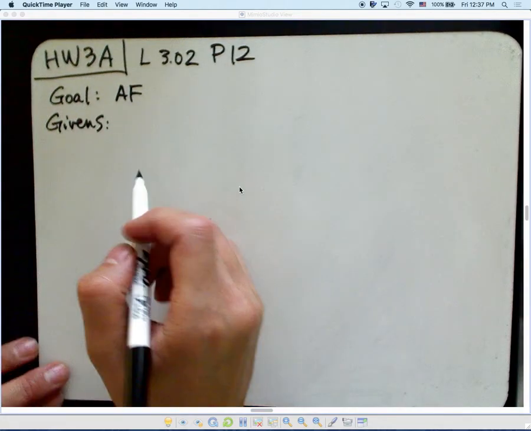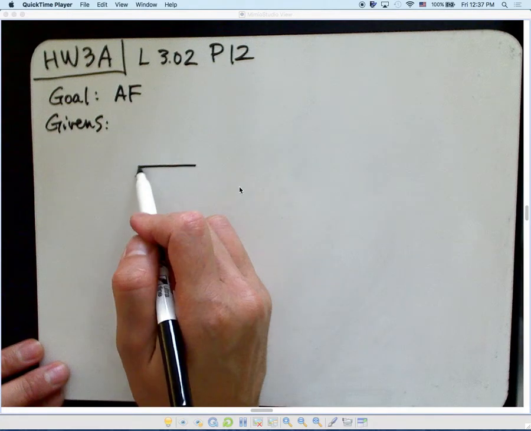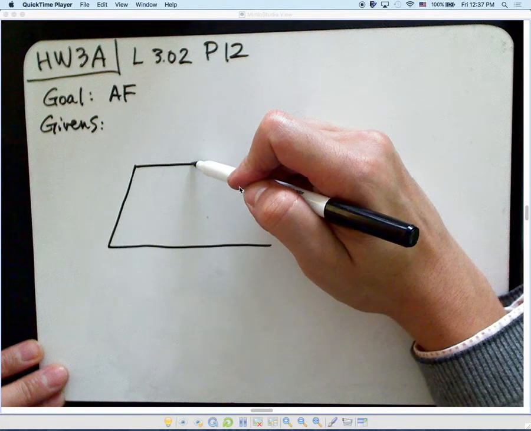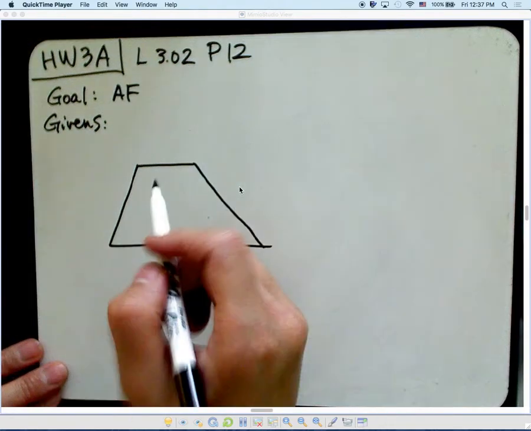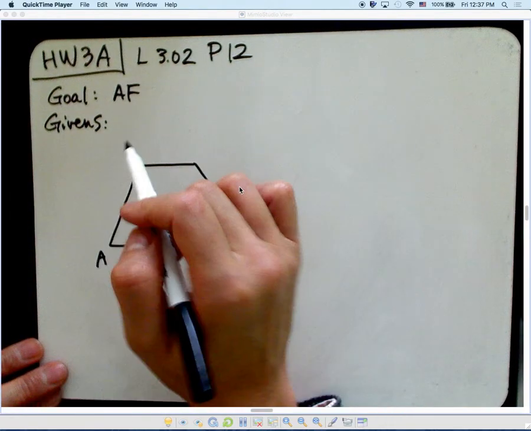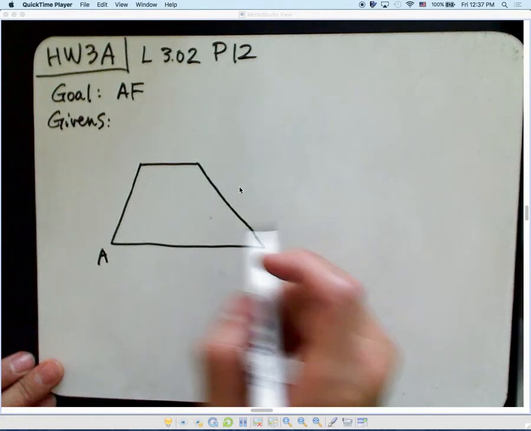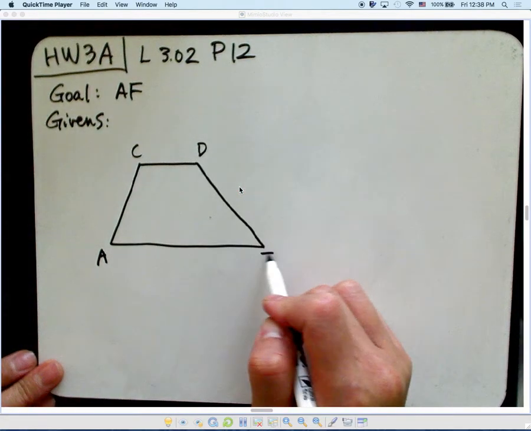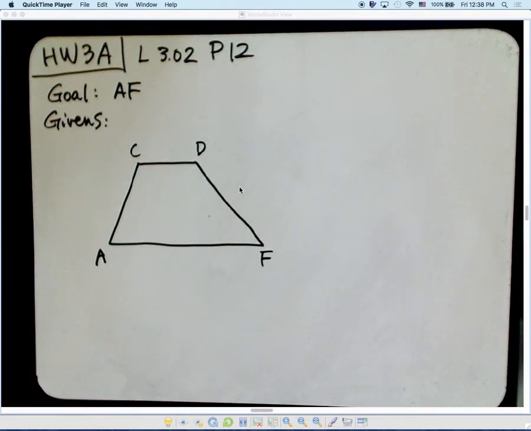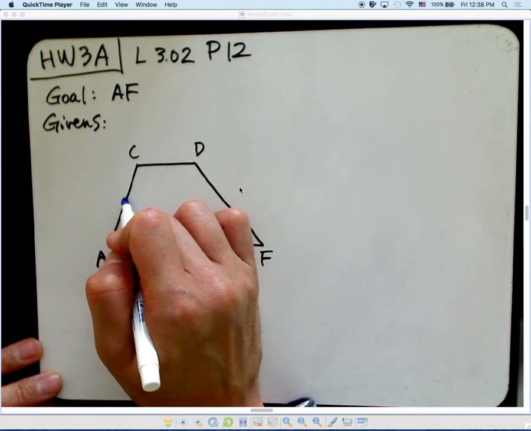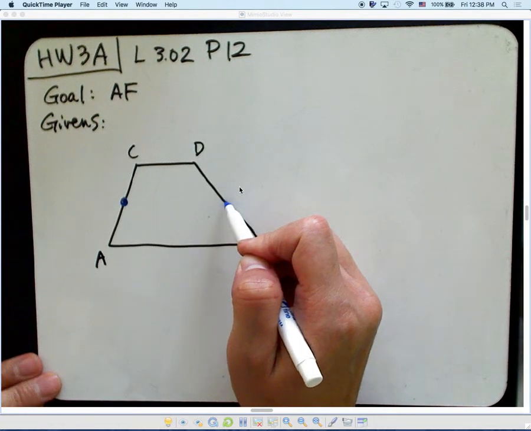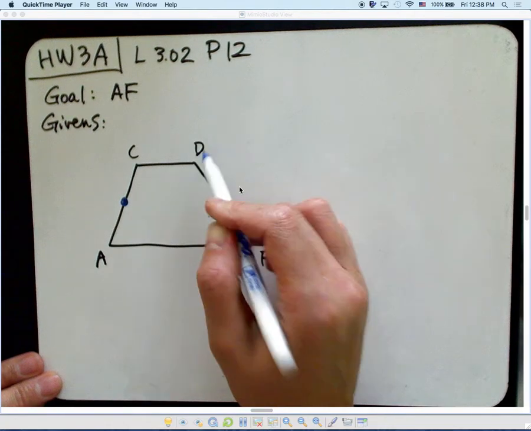So we can draw it, or we can label it. We have a trapezoid like this, which says A, C, D, F, and then we have a midpoint B on segment AC and midpoint E on segment DF.